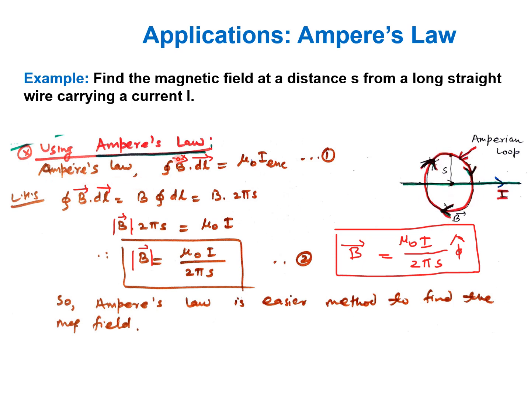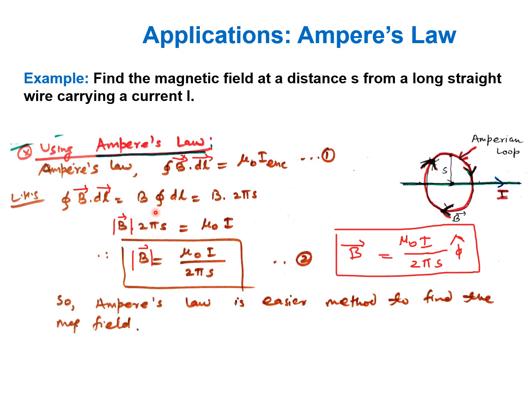Ampere's law is the line integral B dot dl for the closed path equal to mu naught into I enclosed in this loop. So the left hand side is B dot dl, where B we can take outside because it is constant in magnitude. The closed integral of dl will give us 2 pi s.